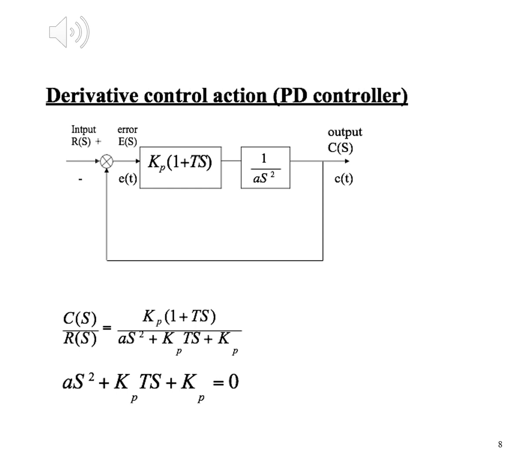This is another example. It's not a disturbance rejection example. It's just an input entering into the system. The original system in the feed-forward is 1 over AS squared, which are two integrators in series, and it's a unity feedback system.